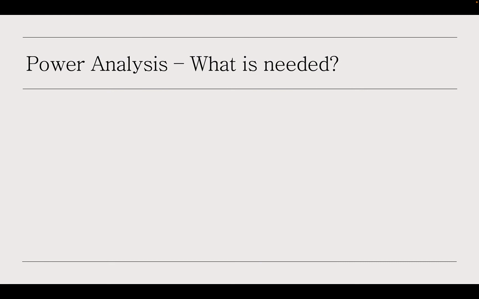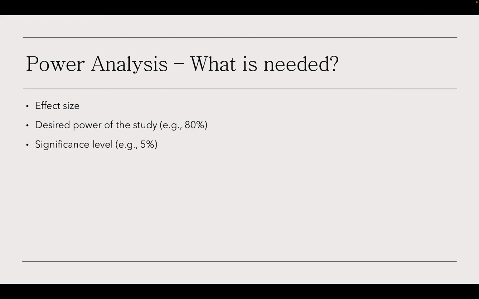Okay, so if we want to conduct a power analysis, what is needed? All right, as I mentioned, we're going to need the effect size, all right? So hopefully you remember this from EDRM 705. And we need the desired power of the study. Example, we've been talking about the rule of thumb of 80%. We need alpha, we need our significance level.